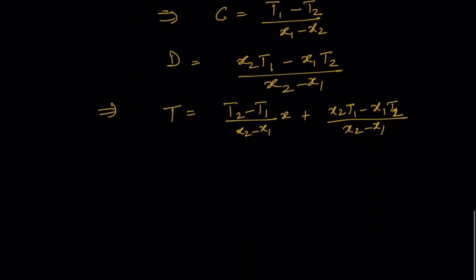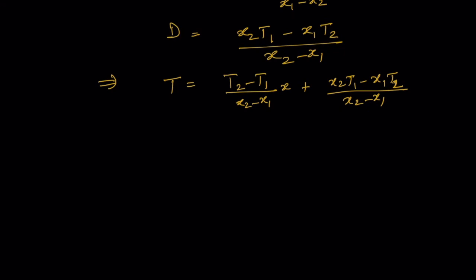Okay, now if you have to write in the dimensionless form, T minus T1 divided by T2 minus T1.